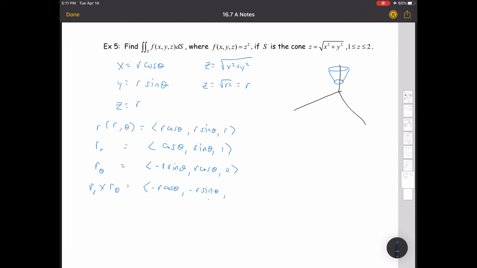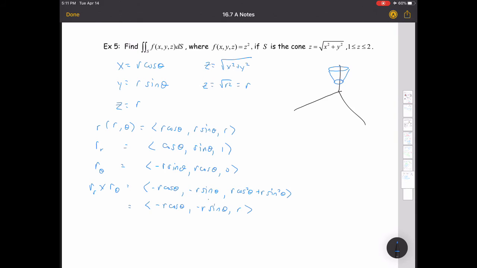And then eliminating the k row and column is going to give us r cosine squared plus r sine squared. And of course we can factor out the r and get cosine squared plus sine squared, so that's just going to be a 1. So what we're going to get for the cross is negative r cosine theta, negative r sine theta, r.